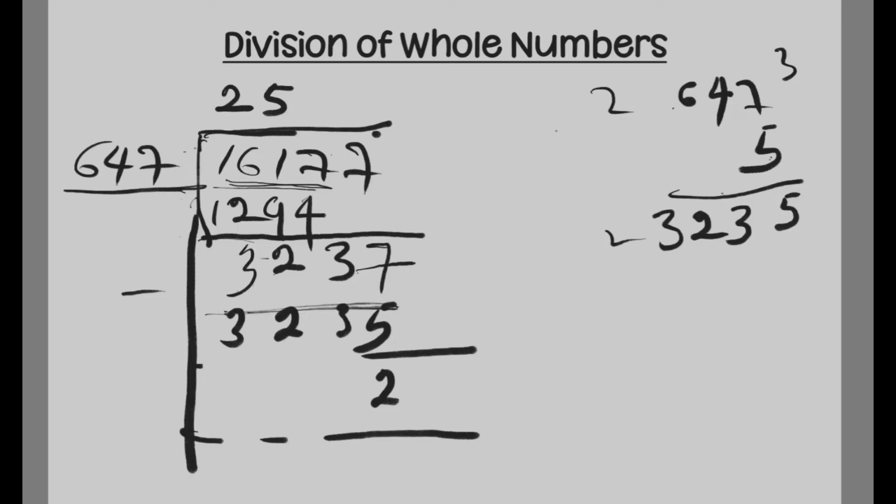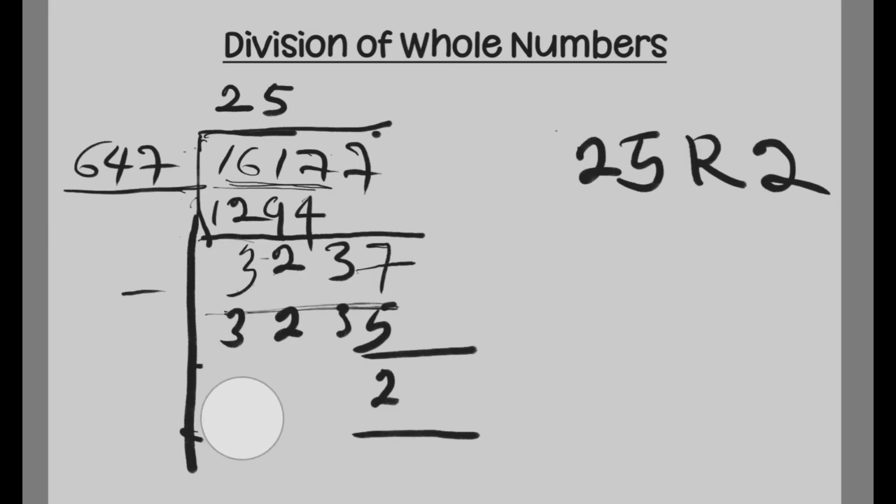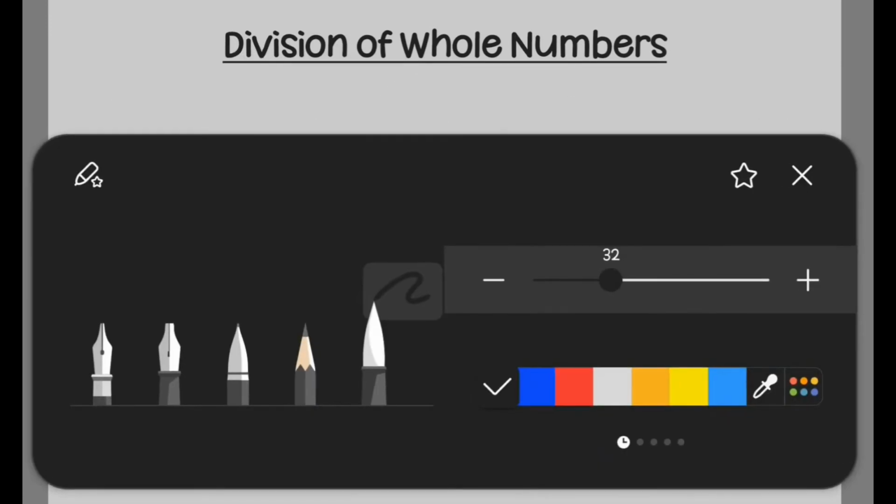Okay. So that means our answer when we divide this is going to be equal to 25 remainder 2. Okay. And the option we have, let me write the question out again. The question was, what do you get if you divide 16177 divided by 647?